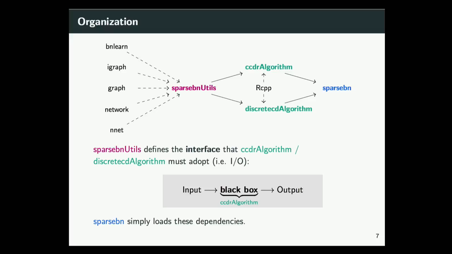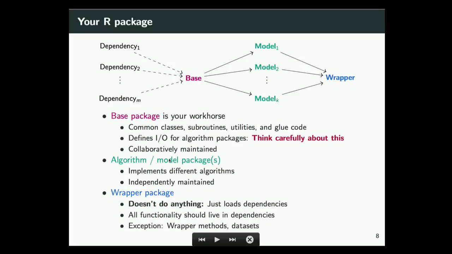So sparsebnUtils tells these packages what the input has to be and what the output has to be, and so when a new dev comes along, they don't have to know anything about the internals of this package, which supports them. They're going to use it, but they don't really need to know anything about it. They're just going to focus on what the input is and what the output is, and then they get to go to town.